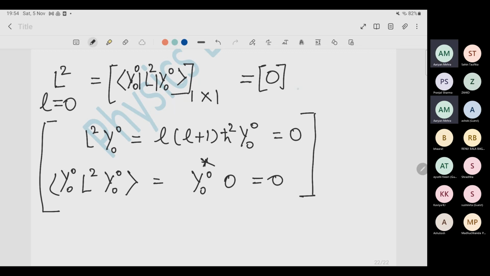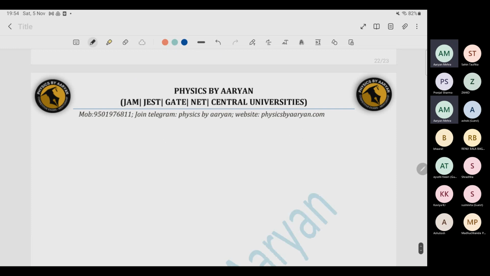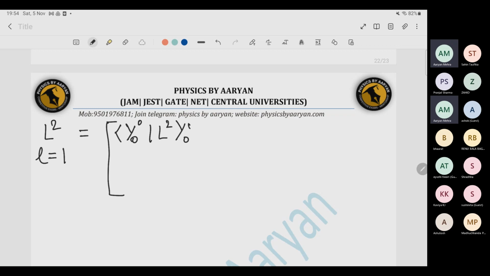It's a 1 by 1 matrix, and the only element is 0. Okay, so this was a simple case. Let's discuss L square when L is 1. So the dimension will be 3 by 3. The first element will be Y00 L square Y00.